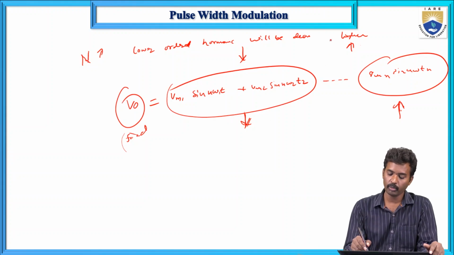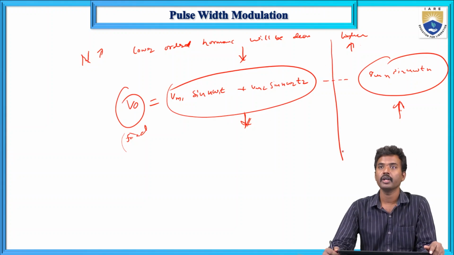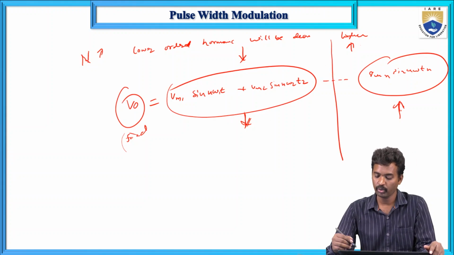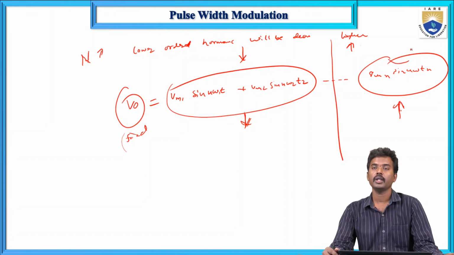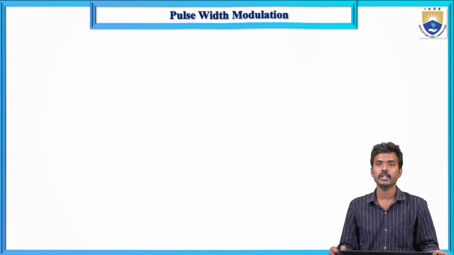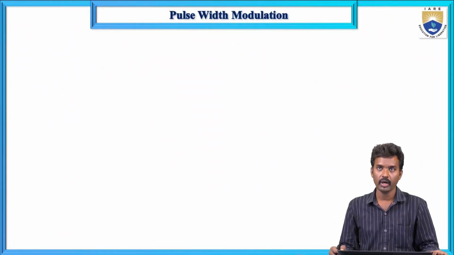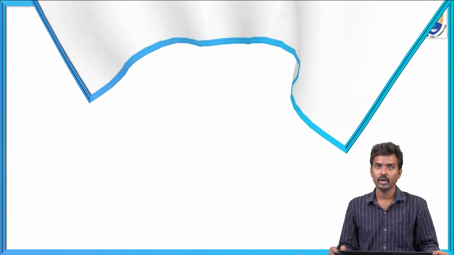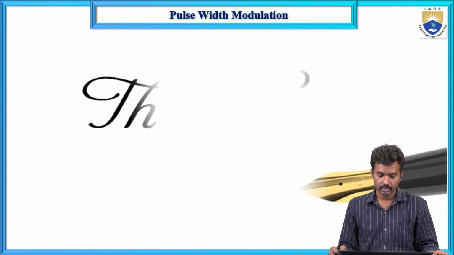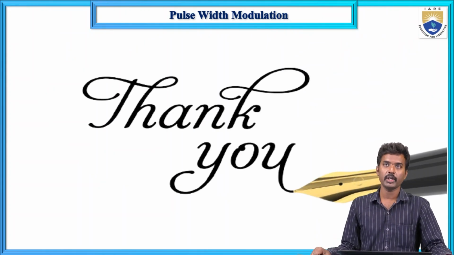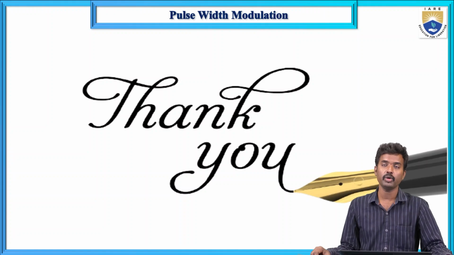By using a suitable filter we can remove the higher order harmonics. In this way multiple pulse width modulation will work. I hope this pulse width modulation concept, single pulse width modulation and multiple pulse width modulation, is clear.